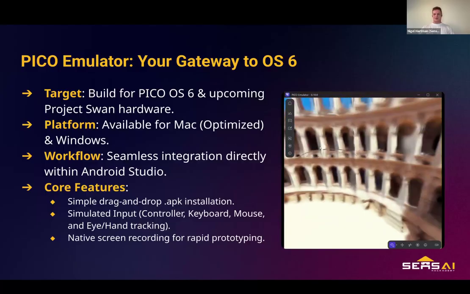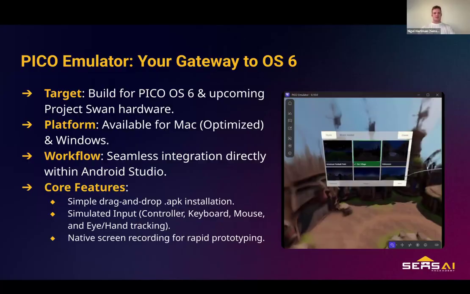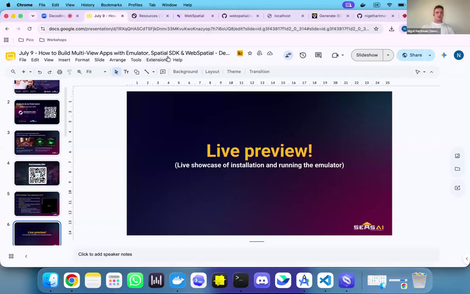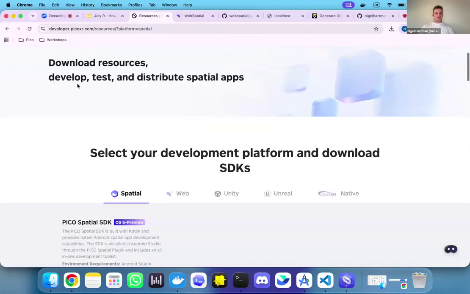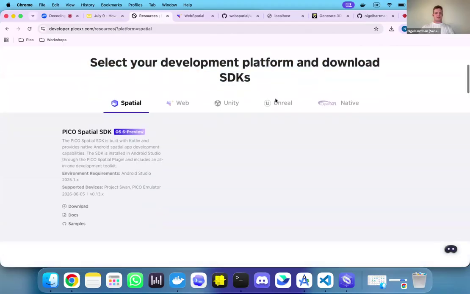And I also want to show you how you can use it to already start building for Project Swan from today. And for that, I will switch into first the PICO developer resources. So on the PICO developer resources, you can, on the one hand, find all the SDKs you can use to build for Project Swan, but also for other PICO headsets.